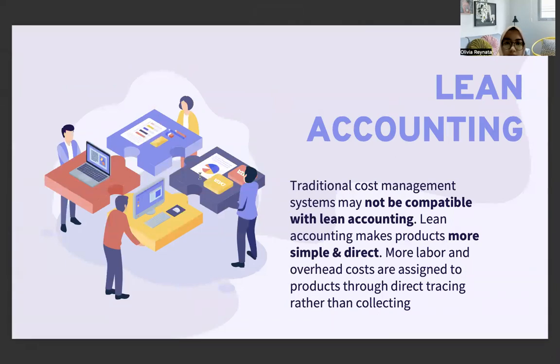Next is about lean accounting. Traditional cost management may not work well in the lean environment. In fact, the traditional costing and operational control approach may actually work against lean manufacturing.